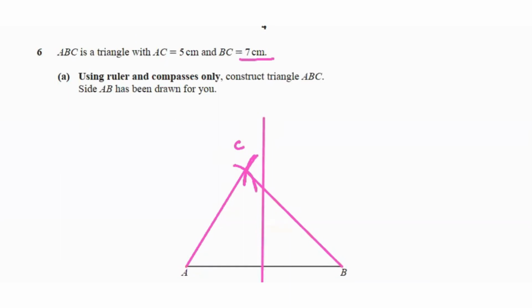So since it's closer to A than to B, this is going to be the locus of the point, and this will be our shaded region.